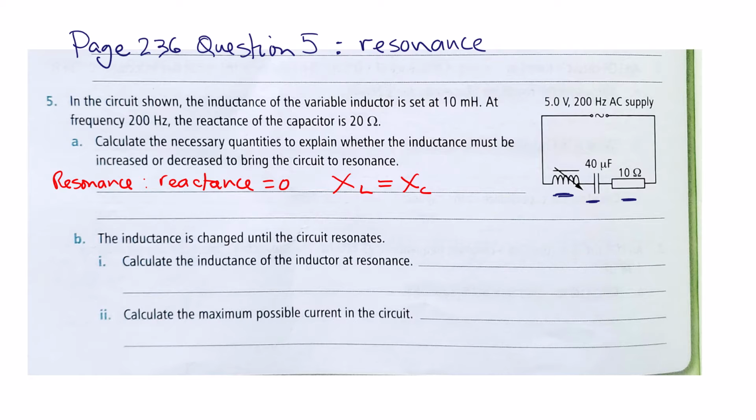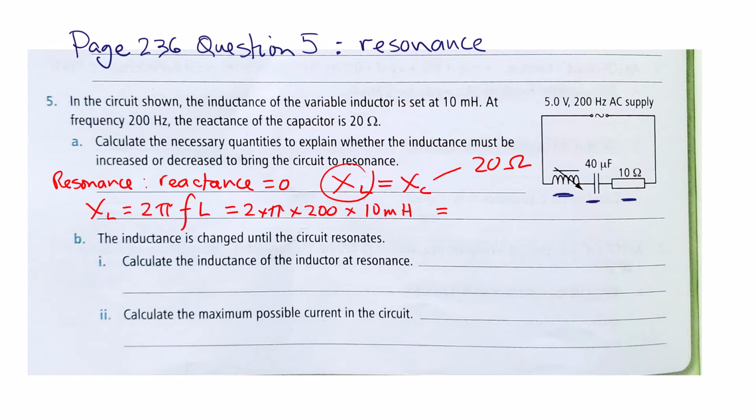And we're given so far that the reactance of the capacitor is 20 ohm, and we need to see what the reactance of the inductor is. So let's use our formula for reactance of an inductor. 2 pi FL is equal to 2 times pi times a frequency of 200 Hertz times 10 millihenries.